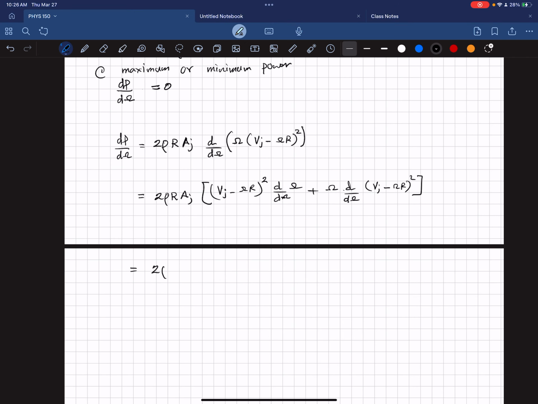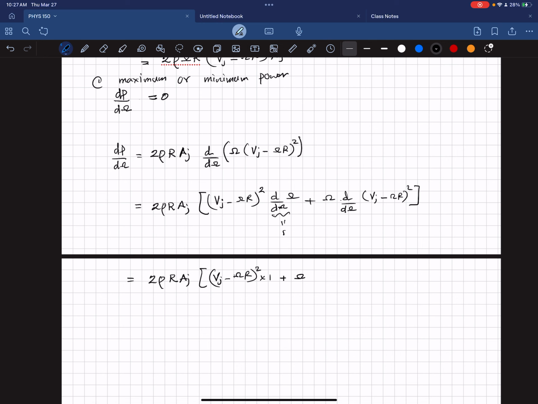And then you have 2 rho r Aj, Vj minus omega r squared times 1, plus omega times 2 times Vj minus omega r, right? And then differentiate the function inside, so it's going to be 0 minus r. Then we have 2 rho r Aj, Vj minus omega r squared minus 2 r omega Vj minus omega r.